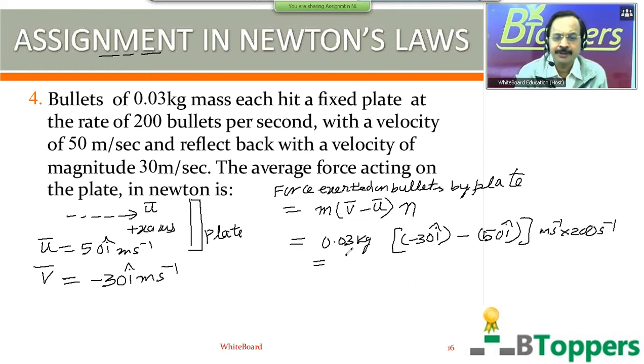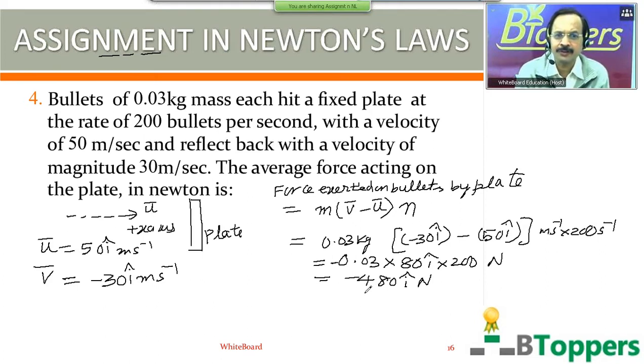So that comes out to be minus 0.03 into 80 i cap into 200 Newton. So you can simplify it. So minus 480 i cap Newton.